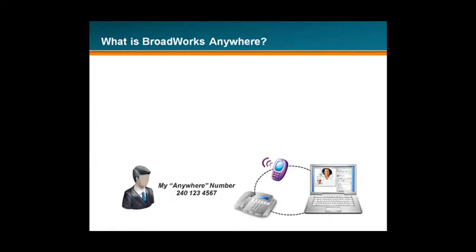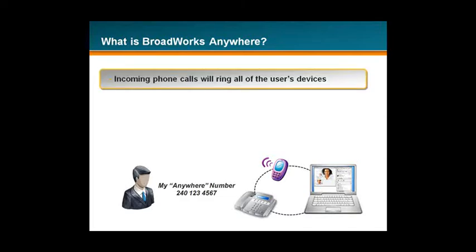What is Broadworks Anywhere? Broadworks Anywhere is a simple-to-deploy solution that enables workers to easily manage multiple communication devices. With Broadworks Anywhere, incoming phone calls will ring all of a user's devices at once, including mobile phones, desk phones, soft clients, and even video devices, so that no matter where the user is, they can pick up the call.